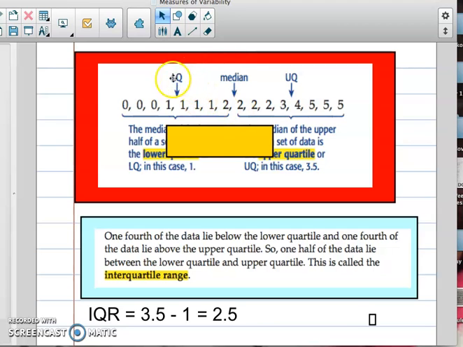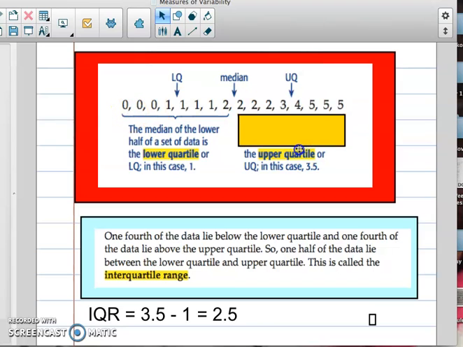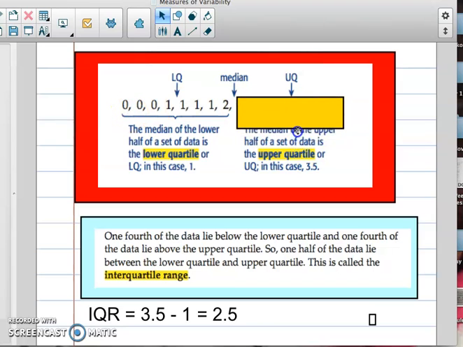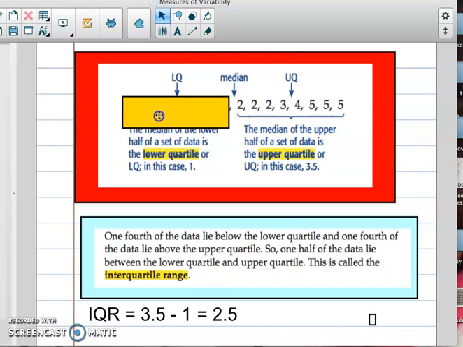And how do you find the lower quartile? So I'm going to cover this up. This is the lower set of our data, and that's the upper set of our data. So we're going to find again the median of this lower set. And it happened that it's between 1 and 1. So in this case, the lower quartile is 1. On the other side, so I'll cover this one.